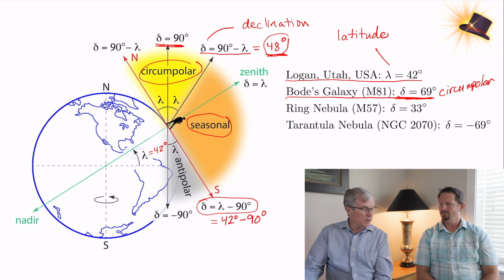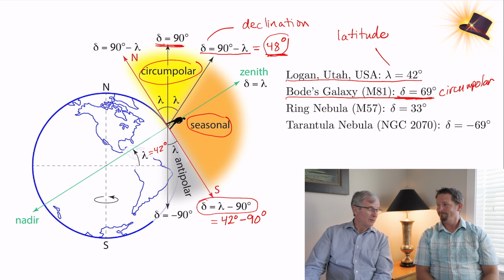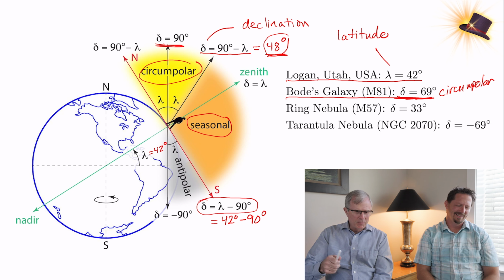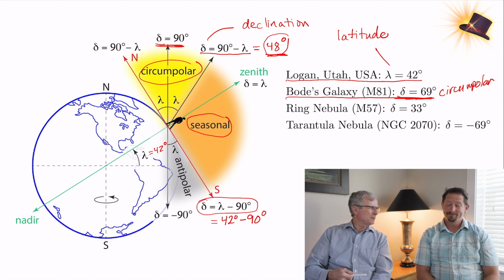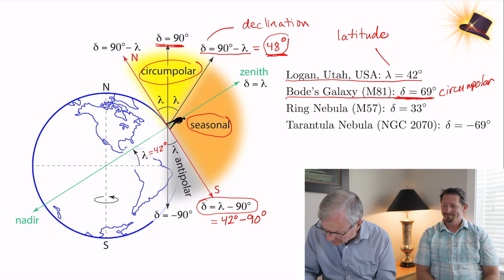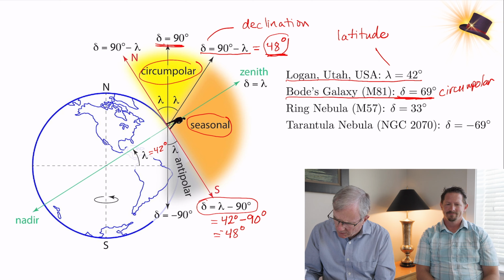So 90 is bigger than 42, so we're going to get a negative number, and that seems embarrassing, but it's not. We know how to deal with negative numbers. If the number is negative, we know it's in the southern celestial hemisphere. So this is going to be negative 48 degrees, and that's the dividing line between seasonal and antipolar.